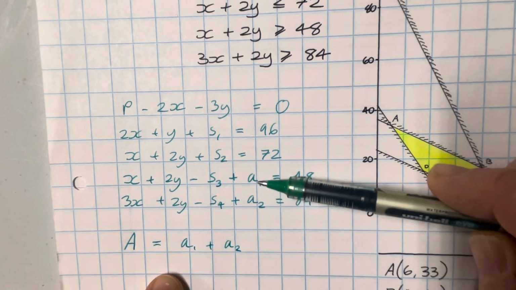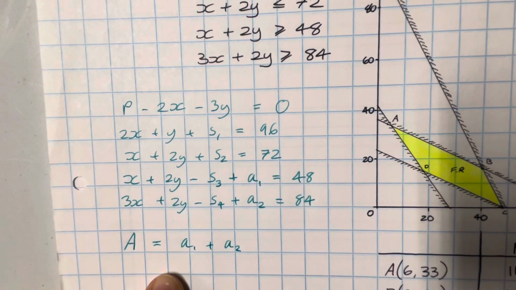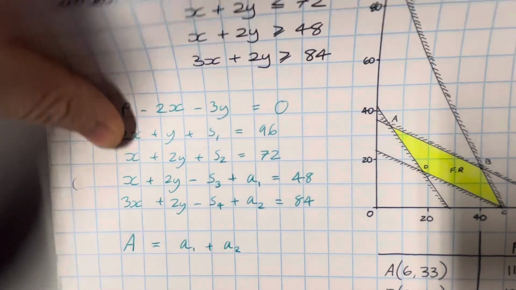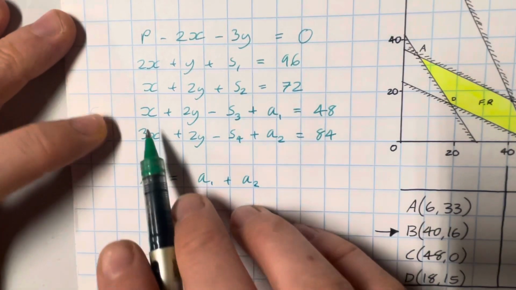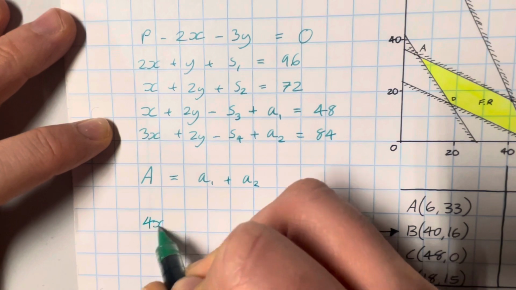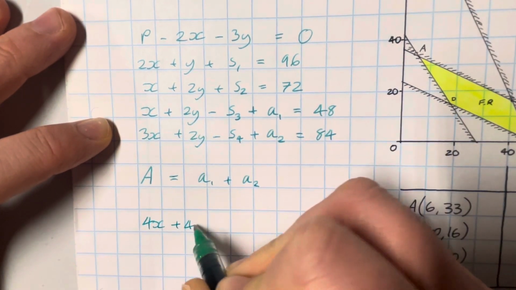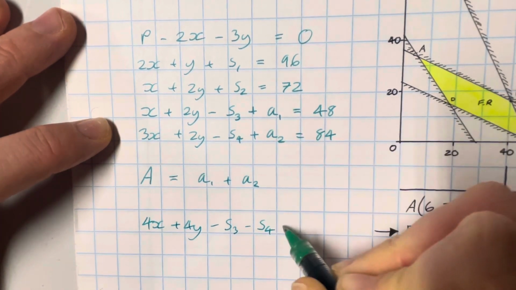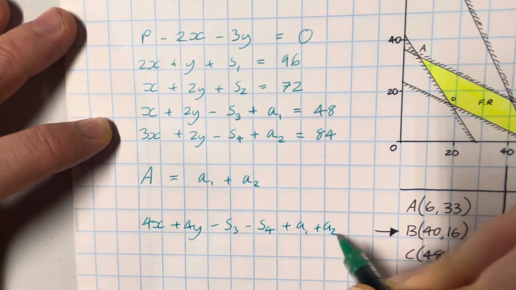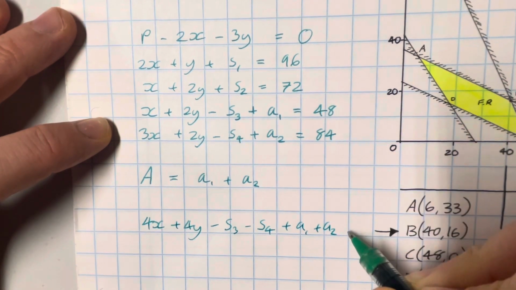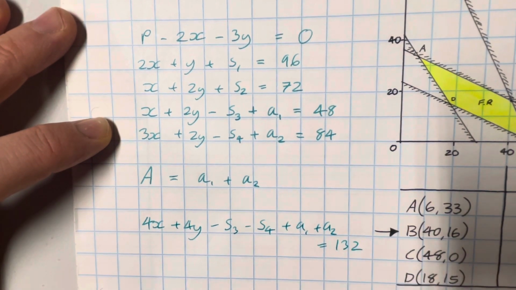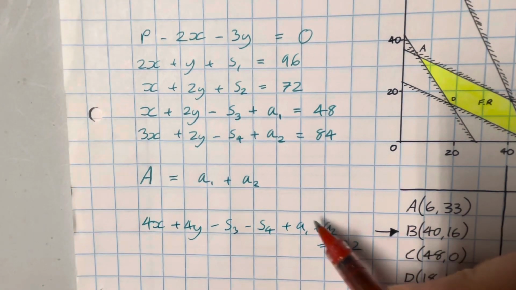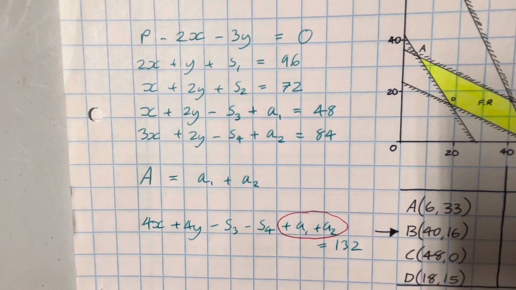Now, the way we're going to do that is I'm going to add these two constraints together, and we end up with 4x plus 4y minus S3 minus S4 plus A1 plus A2, and that's going to equal 132. At which point I can now replace plus A1 plus A2 with our objective, capital A.